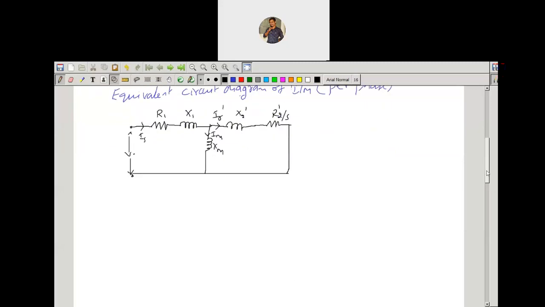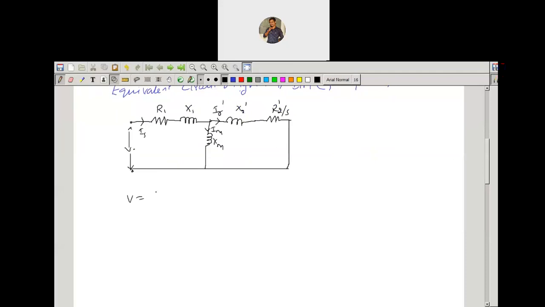Let me mention these parameters here. V is the supply voltage, in volts, and IS is the stator current.